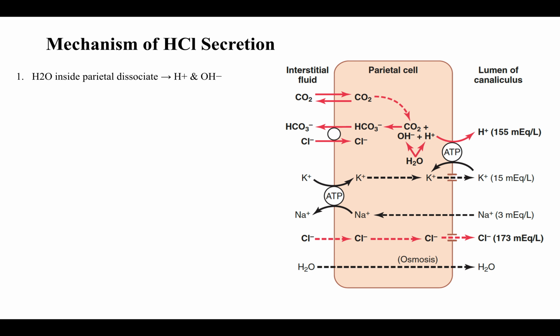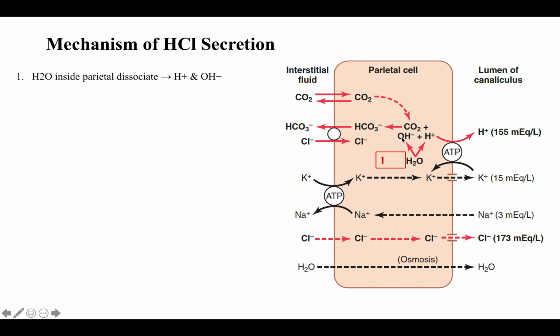stomach. First of all, if you look here, water inside the parietal cells. So just to be oriented, this is the parietal cells, and this is the lumen side, and this is the circulation or interstitial fluids. The blood is here. So water inside the parietal cells will dissociate into hydrogen ions or proton and OH.